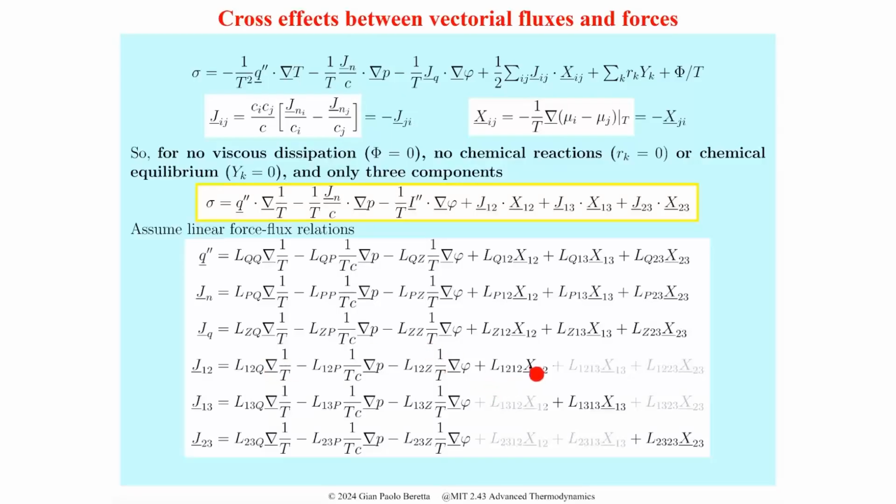And part of it could be captured by the diagonal terms, but I think that if you want a most general description of that, you would need to include also these off-diagonal terms.